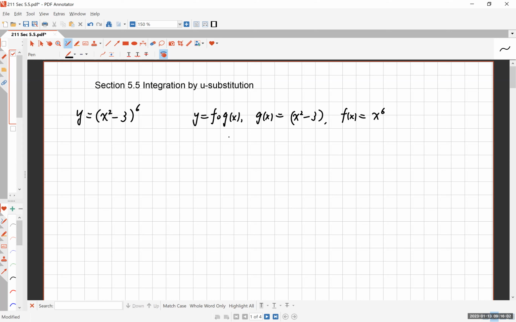So you learned that, this is what we called the Leibniz notation of the chain rule. dy/dx is dy/du times du/dx. What in the world is u? That's g of x, right?